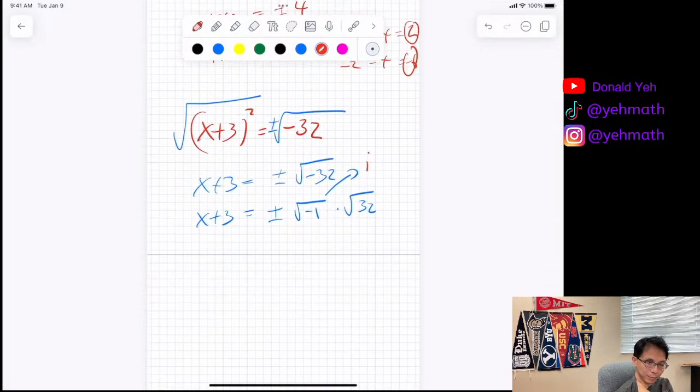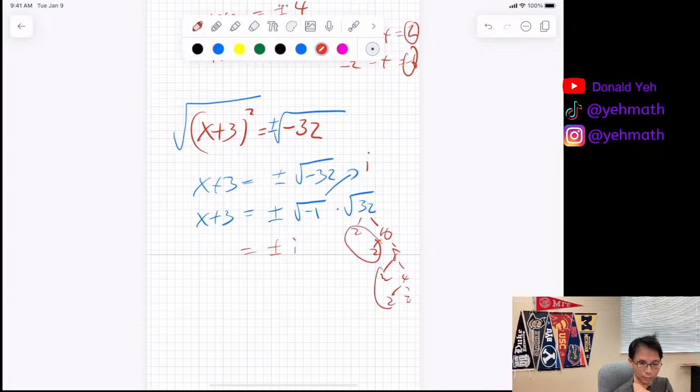So then it's going to be equal to plus minus i. And this is going to be 2, 16, 2, 8, 2, 4, 2, 2. 2, 4. So it'd be 4 root 2. x plus 3. x equal to negative 3 plus minus i 4 root 2.